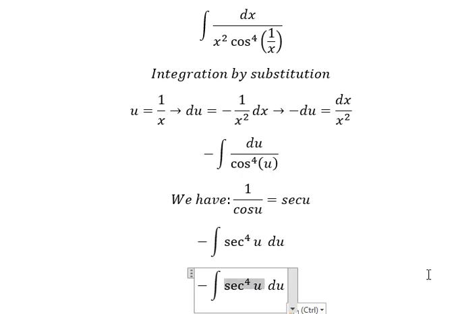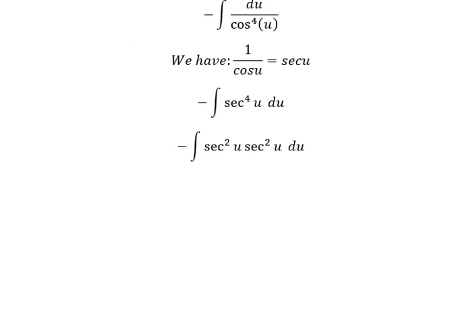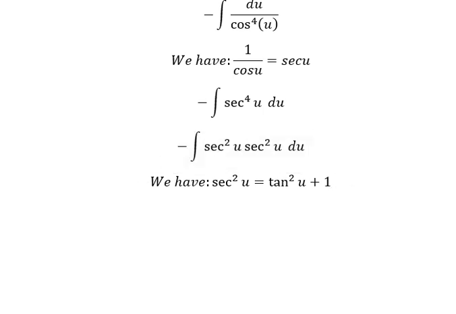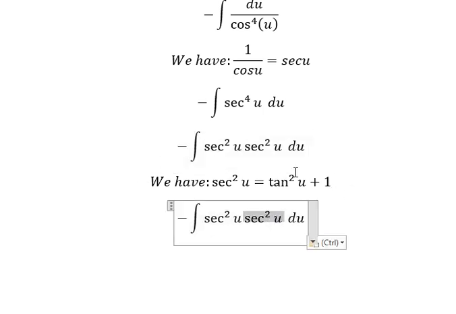So this one is secant of u squared multiplied by secant of u squared. And now we have the formula in here. This one is about this one.